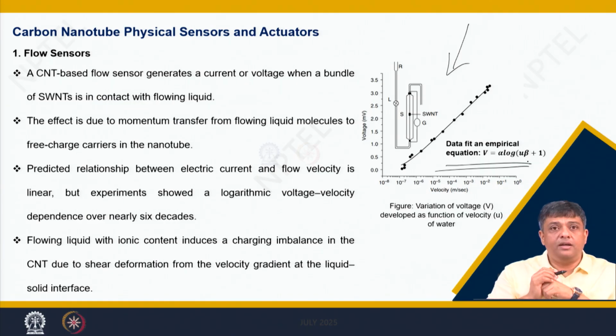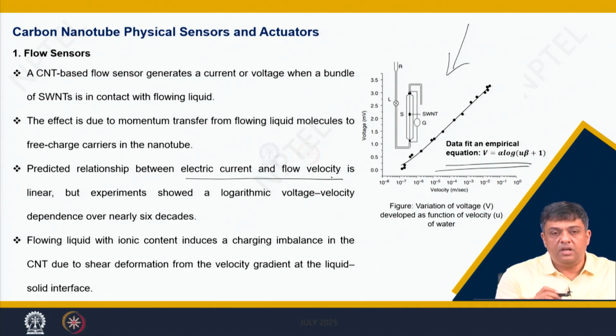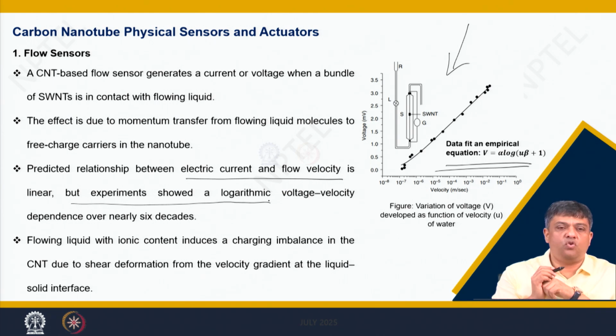It could be predicted that the electric current and the flow velocity is linear, but actually the experiments showed a logarithmic voltage velocity dependence over nearly 6 decades.